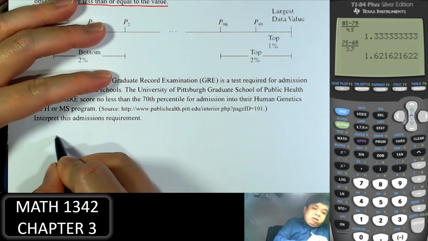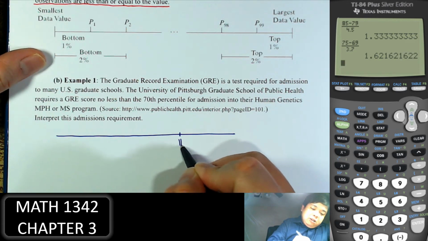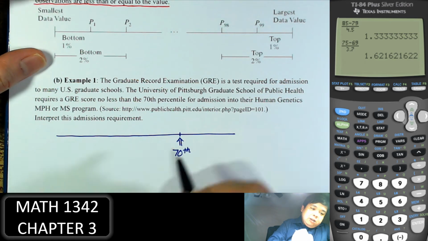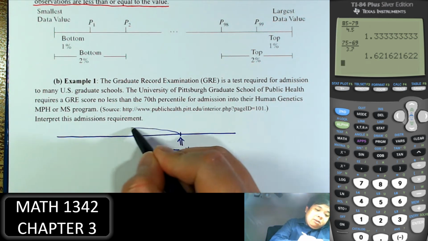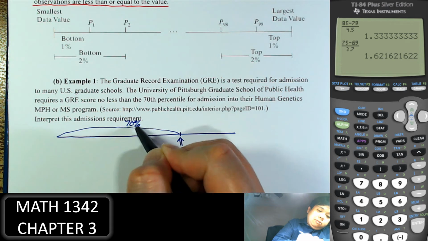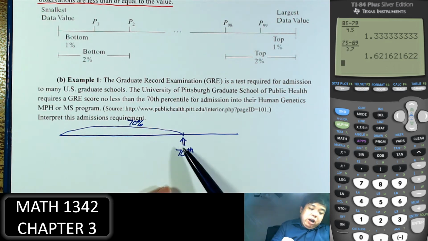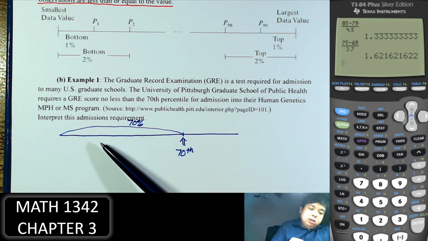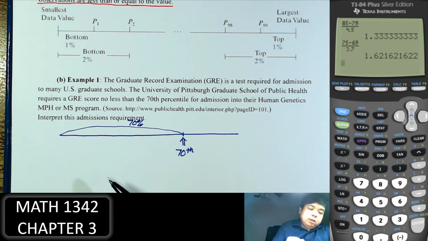That means if there are 100 people, 70th percentile means that 70% of the scores have to be less than or equal to that.